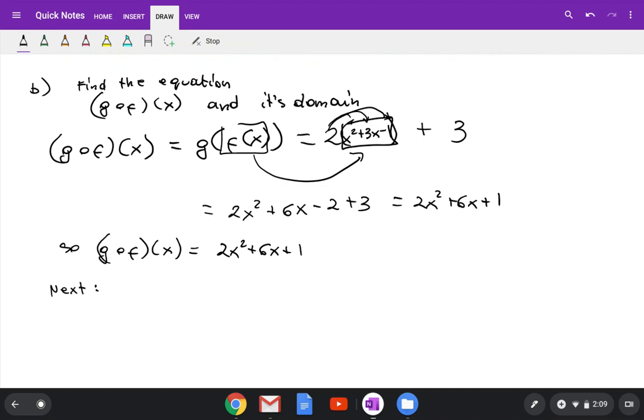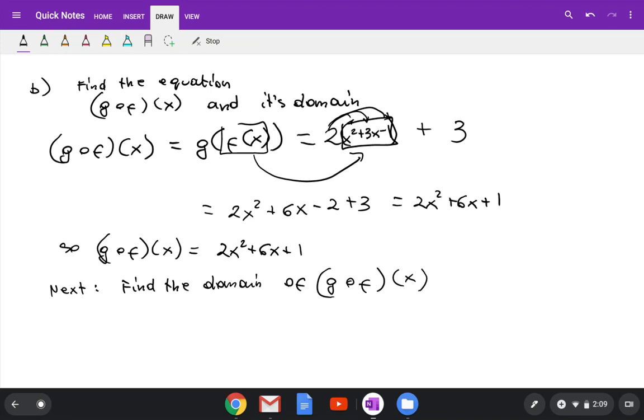Next, find the domain of g composed with f of x. So again, you cannot just go back to your final product and verify the domain of this function based on this equation, because don't forget that you created a composite function.